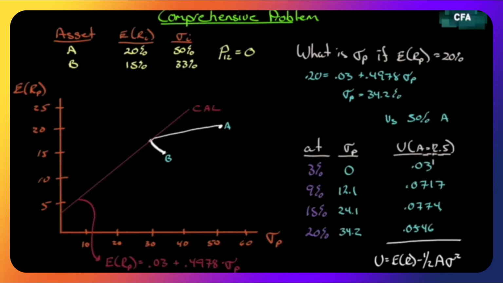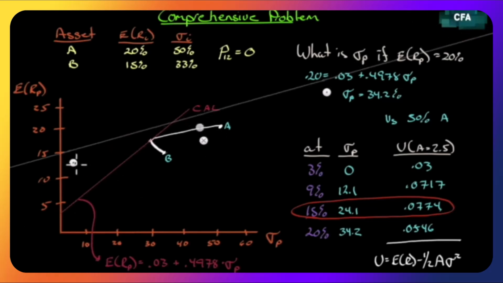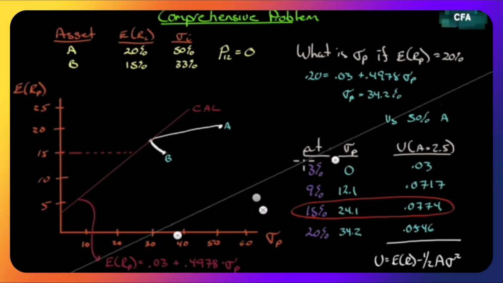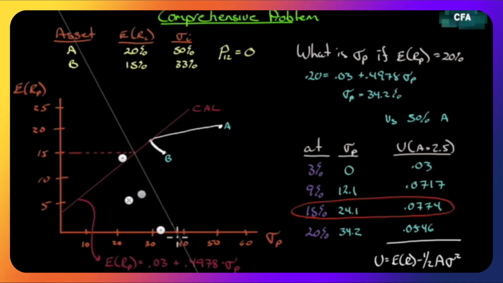They have a risk tolerance variable, the A variable, 2.5, which says that this is where they maximize their utility at 15%. So let's get our ruler out, and we'll connect 15%, and we'll move this till we get it flat. We can draw a line across to here, and we can put our risk profile in.